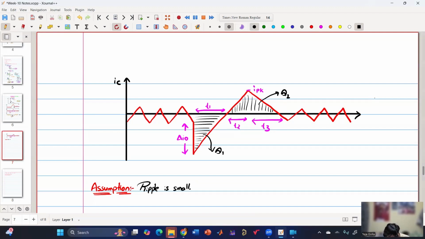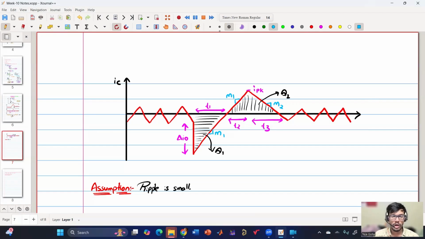We also know that this slope is M1, this slope is M1, and then this slope is M2. My objective is to find I peak as well as T1, T2, and T3. Once I find those, I know I peak, and if I know T1, T2, T3, then I sum them to get the settling time, which is TS.